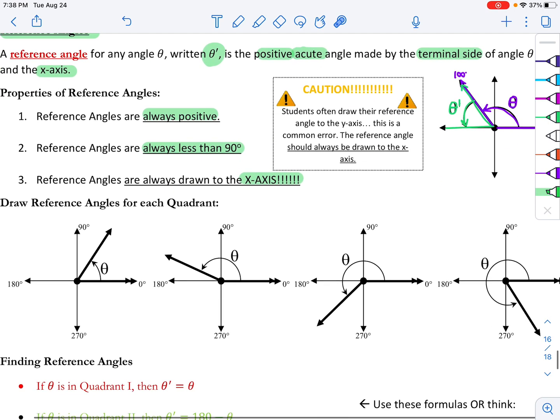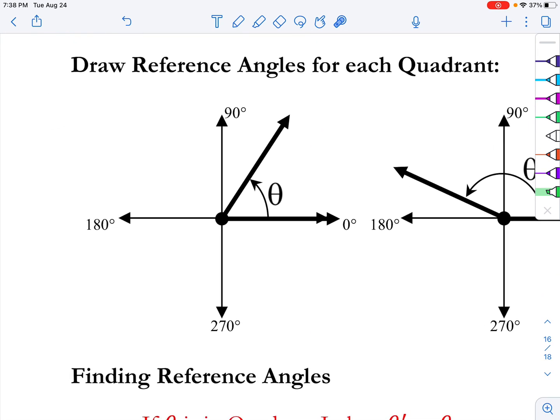Okay, so what I want to look at is what a reference angle looks like in each of the quadrants, because it looks slightly different. The first quadrant is actually the only unique one, because in the first quadrant the theta, the angle that they give us, is positive, it's acute, and it's made with the nearest x-axis.